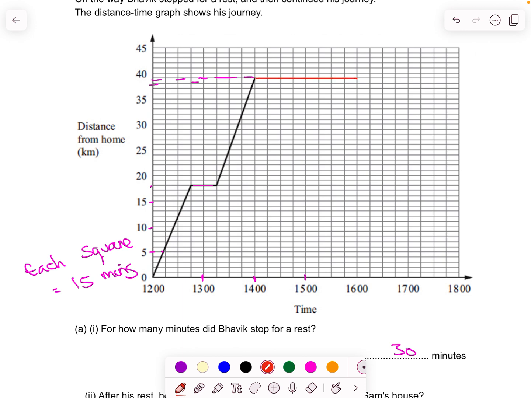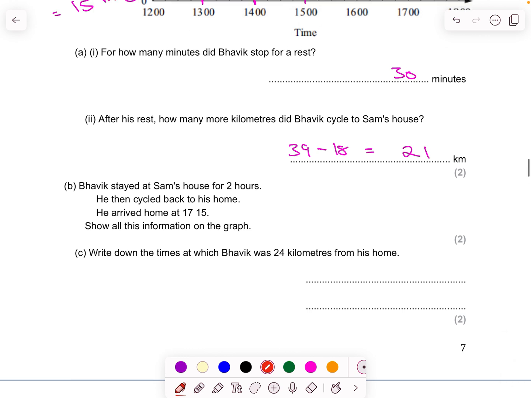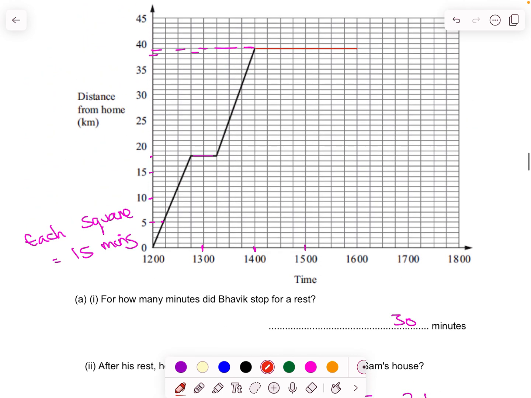Then he cycled back to his home. He arrived home at 5:15, which would be here. And so that's it for that one. That was quite a nice one, actually.